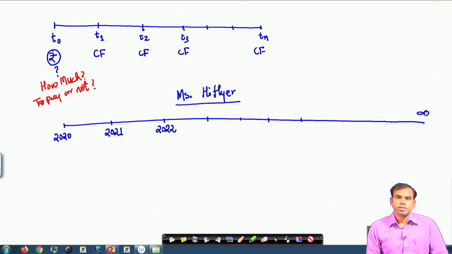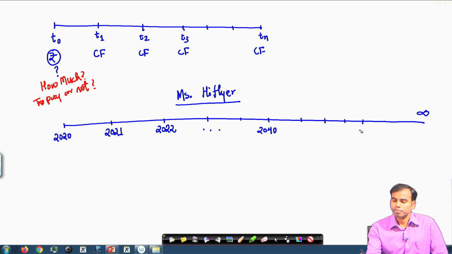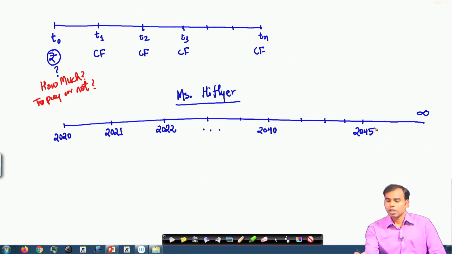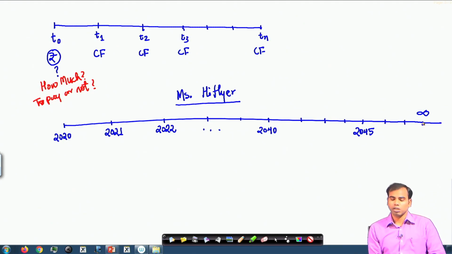So, the problem here is she is entering the job market in 2020, and she is expecting that for the next 20 years she will continue working. So, let us say she will continue working till 2040, and for the next 5 years she will be vacationing, and after that she will settle down in some retirement home or some, let us say, monastery.